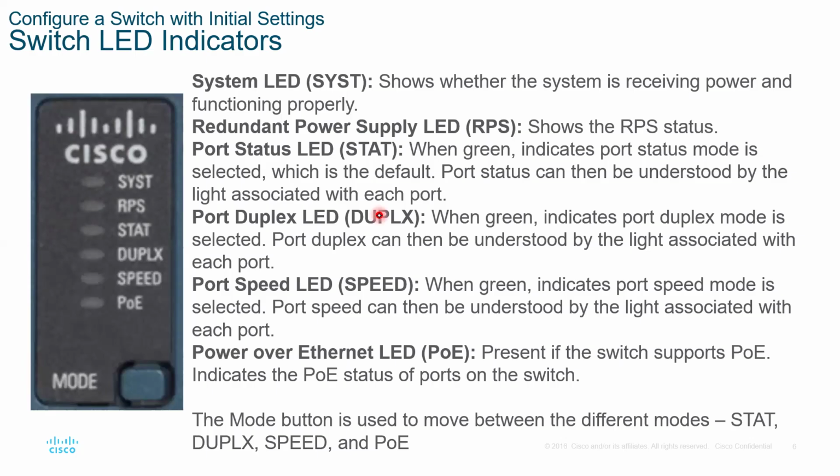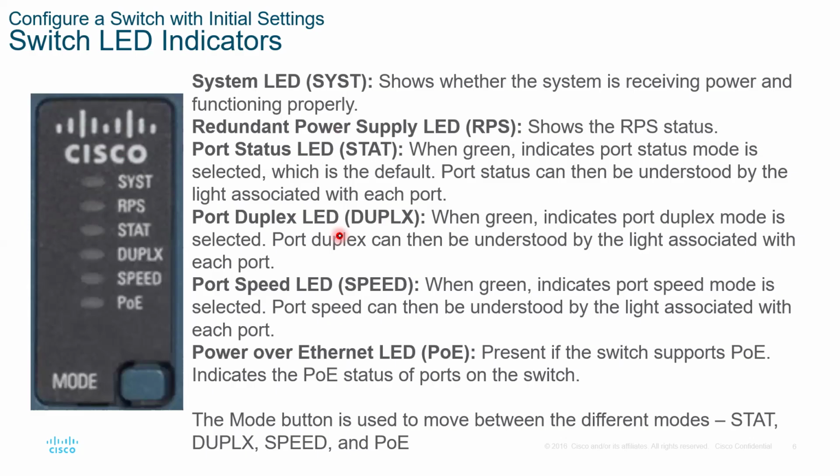So you can see, for example, the port duplex mode of your device. If it's off, it means we are operating at half duplex. We discussed duplex modes earlier. Half duplex. If it reads green, it means we are operating at full duplex. Port speed. If it reads off, we are at 10 megabytes per second.